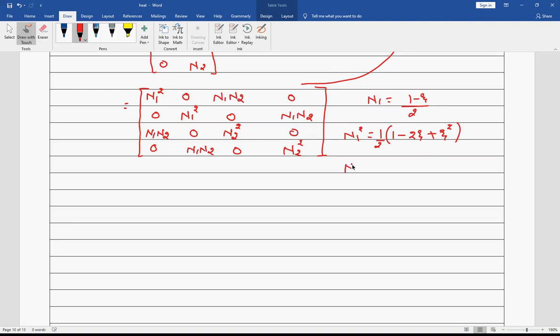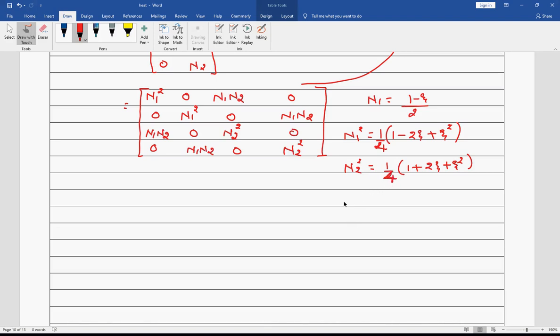My N2 square will be 1/4 of (1 plus 2 xi plus xi square). And N1 N2, since it is a square, is 1 by 4, not 2.